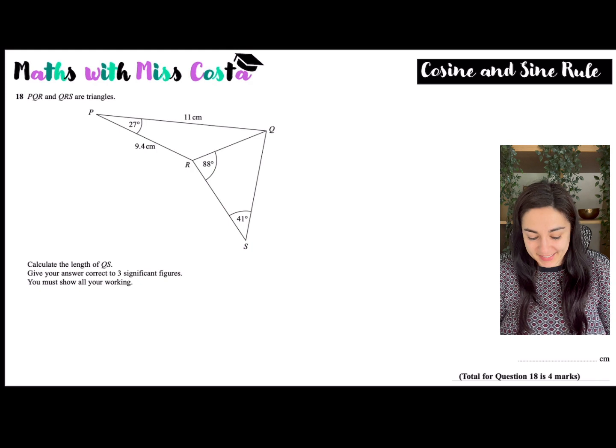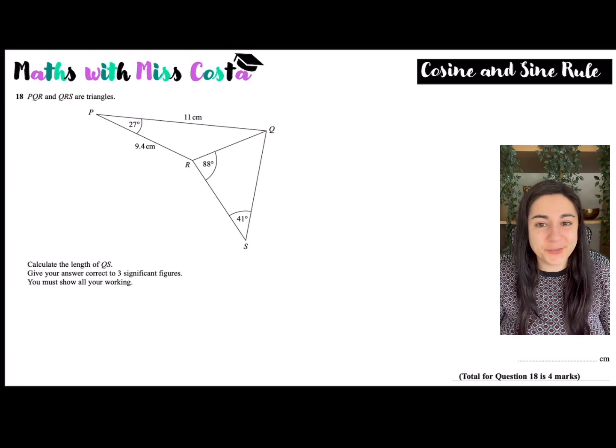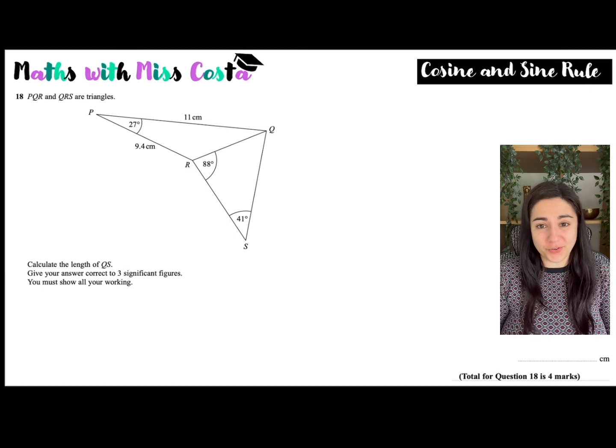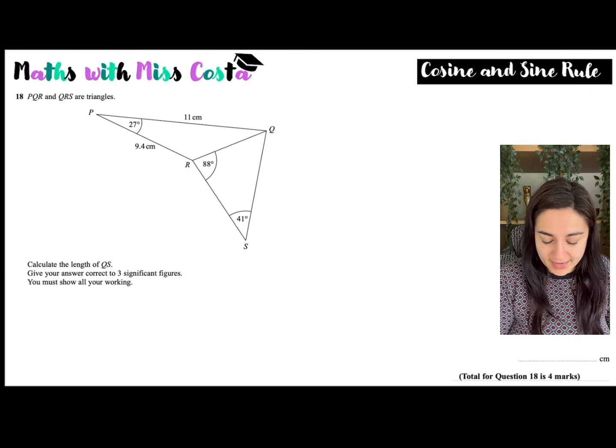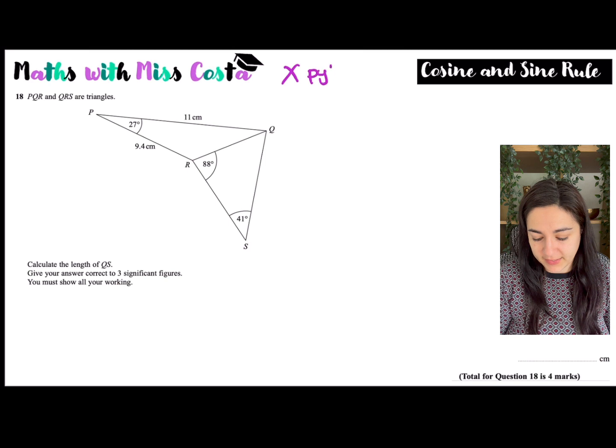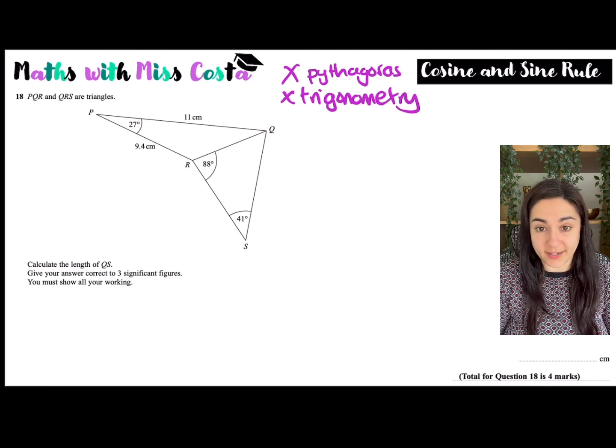Okay, so here you see some triangles that are definitely not right-angled because they have no right angles in them. And whenever you have triangles that are not right-angled, you know that you cannot use Pythagoras or normal trigonometry. They can only be used for right-angled triangles.